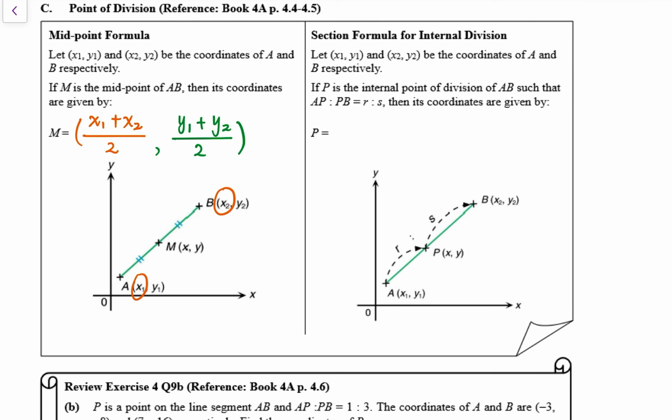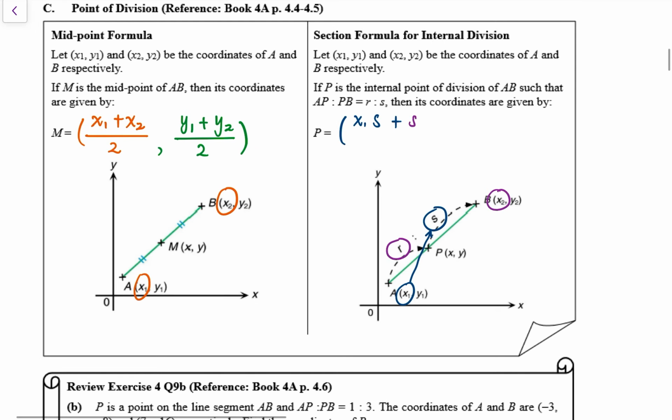So P is the internal point of division of AB such that AP to PB is R to S. Then the coordinates of P is given by x1 times S plus x2 times R, divided by the sum of the ratio R plus S.